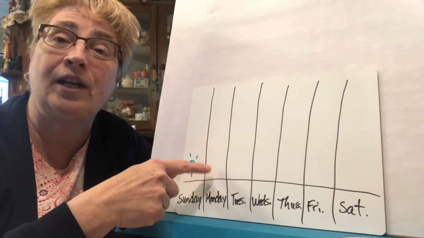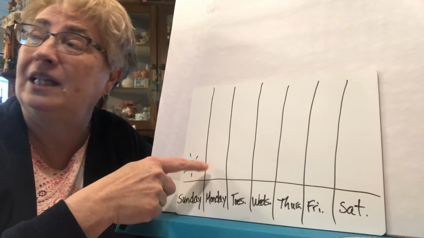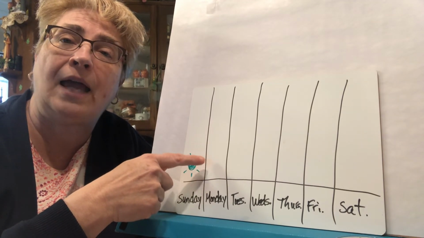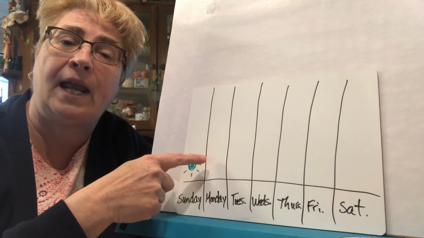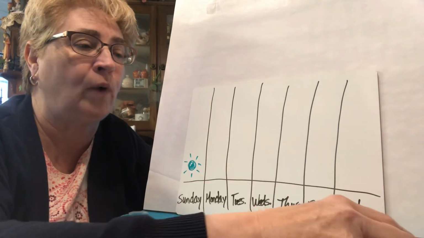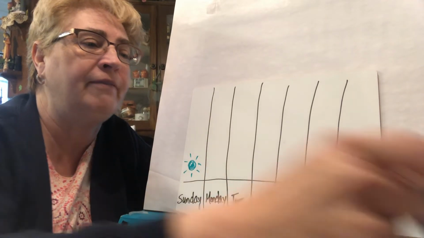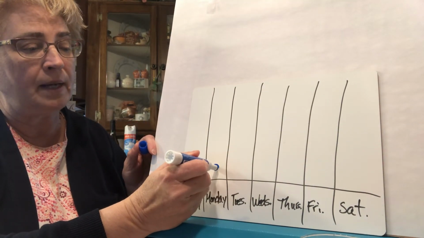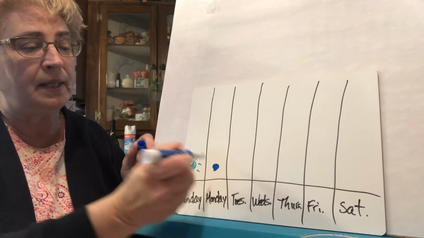Today, it started out a sunny day. It's a little cloudy now, and I'm not sure if it's going to rain. But I'm going to keep my eye on the weather. If it begins to rain, I'm going to put a raindrop for every half hour that I notice that it rains. So I'm going to put a raindrop once I see it begins to rain.